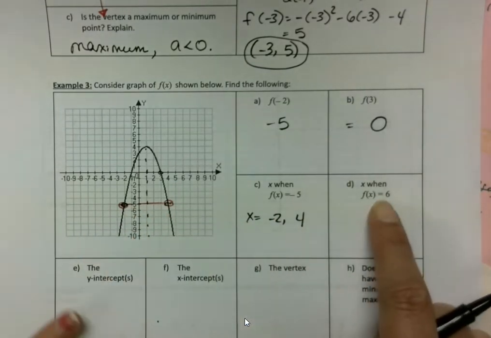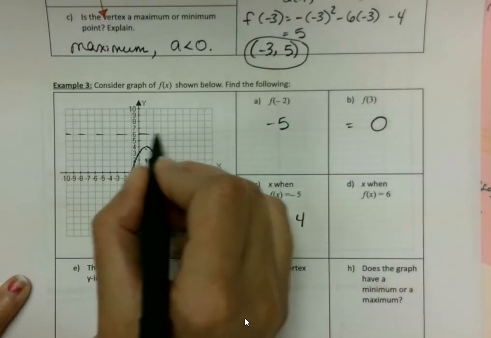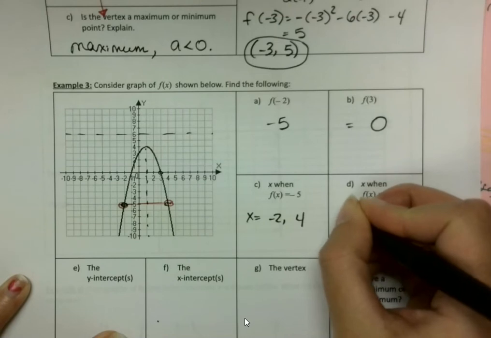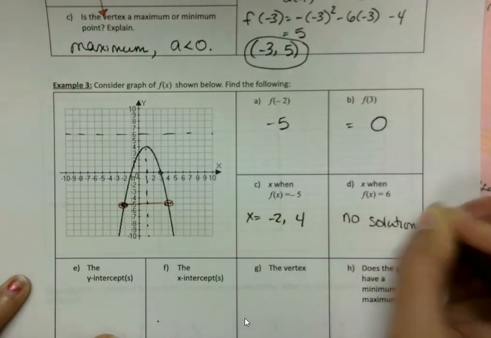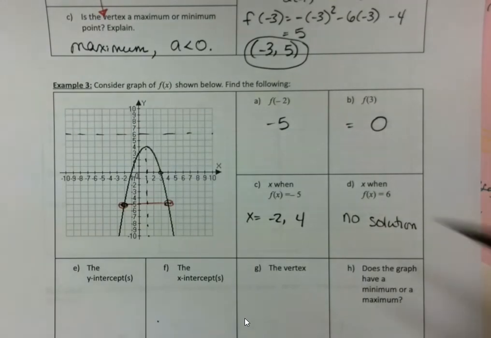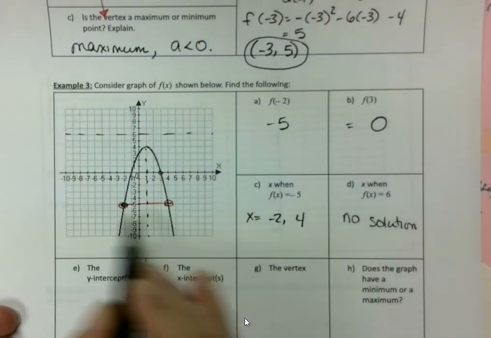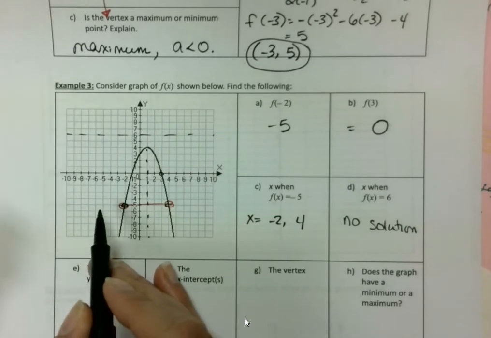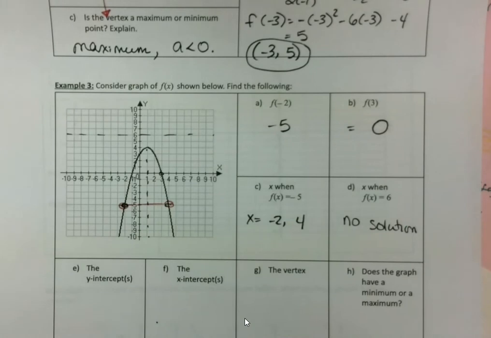When x is equal to 6, okay, there are none in this case. You are never going to reach 6, so there are none or no solution. And it's possible there would only be one solution if they were asking you for the vertex, right? So you would have 2 solutions anywhere where the graph is present that's not the vertex, 1 at the vertex, and none on the other side of it.